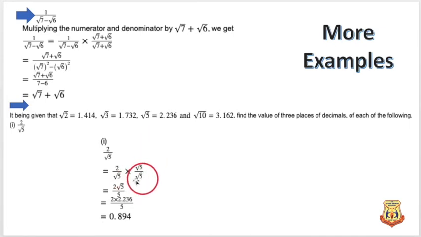The denominator root 5 is given, so we will multiply with root 5 again, and the numerator also root 5 will multiply, so we are getting 2 root 5 by 5. Here this root 5 is there. Now in this place we will put the value of root 5, which is already given, and after that you will get this answer.